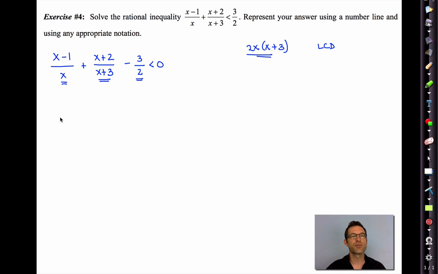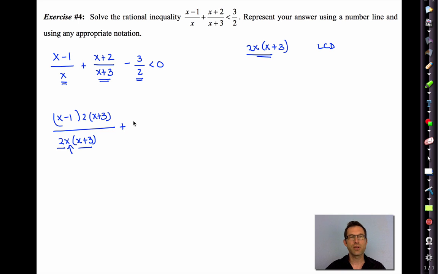So let's take that first fraction. In order to have that denominator, I've got to multiply the numerator by 2 times x plus 3, and the denominator, obviously, by the same. Once I multiply by x plus 3 and 2, this x was already there, then it's got that common denominator.